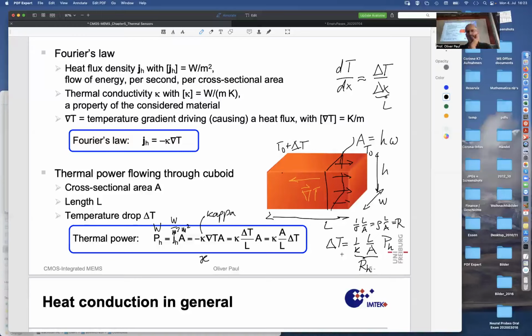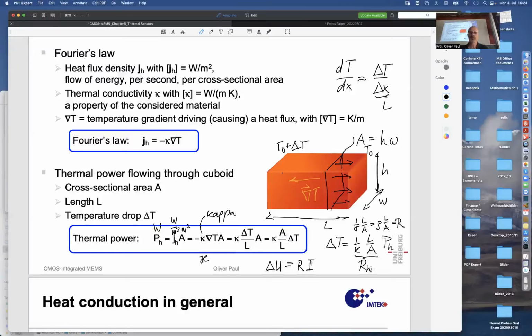And it connects, what does R, the electrical R, do? It connects the electrical current with some delta voltage, delta U, applied voltage. So delta U is equal to R times I. And here we write delta T is equal to thermal resistance times heat flow.